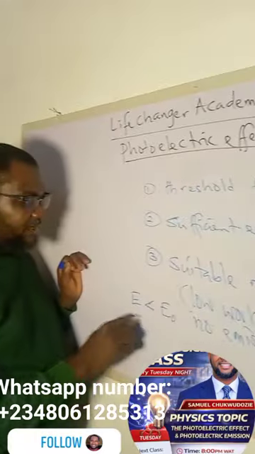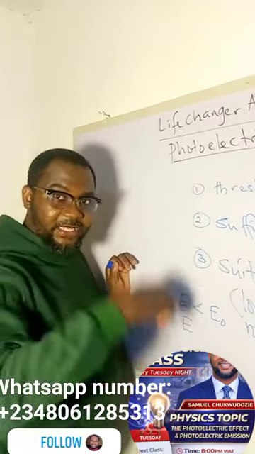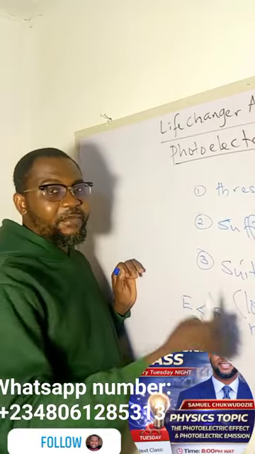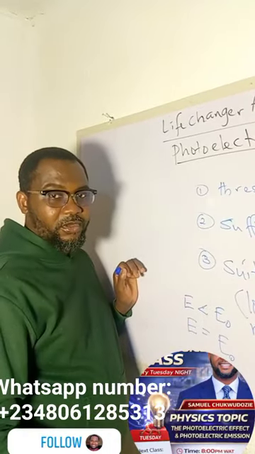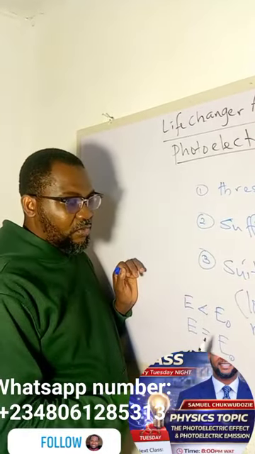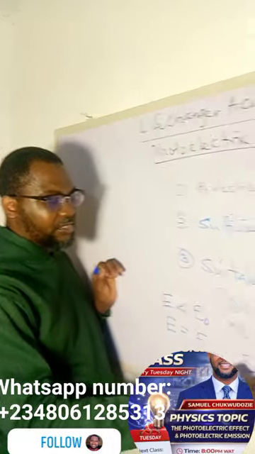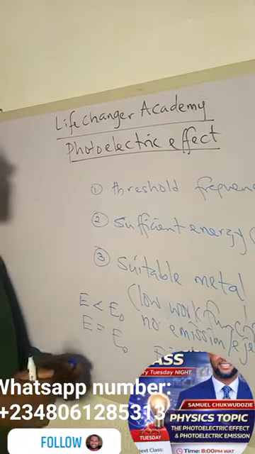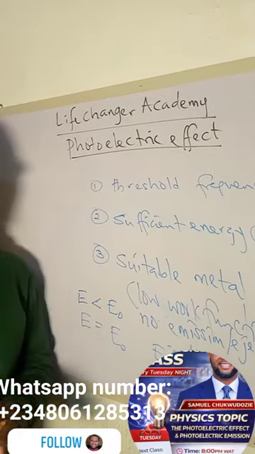Now, if the energy of the light is equal to the work function, remember I said that every metal has a work function, there will only be ejection. Ejection simply means that the electrons can shift.